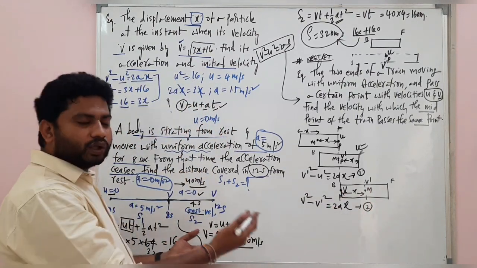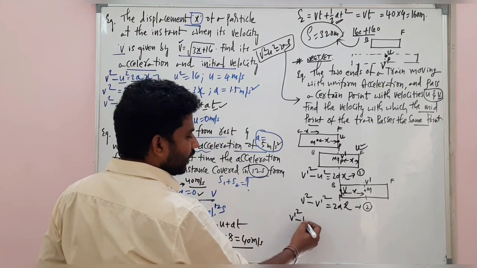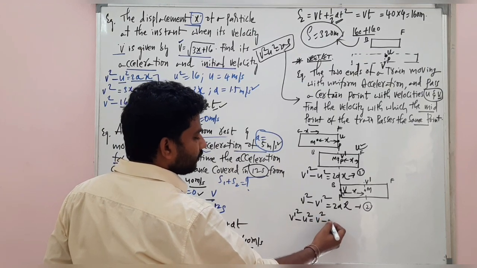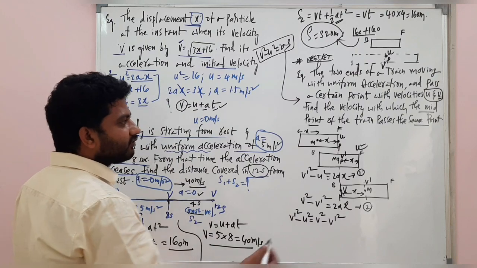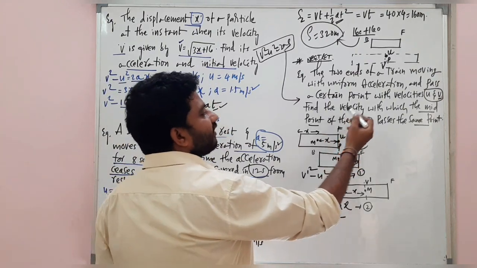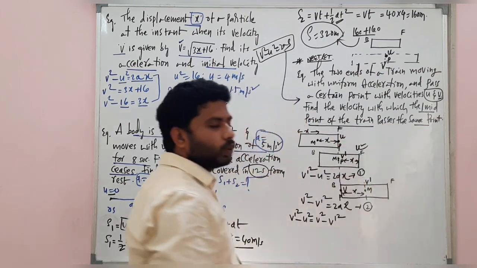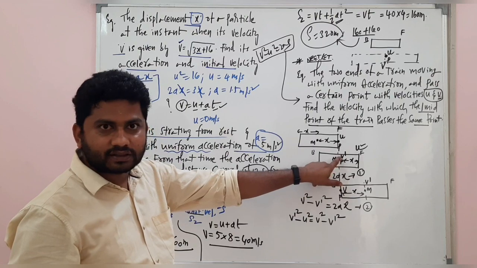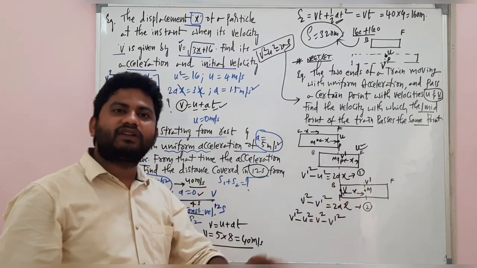Let us equate both left hand sides. Left hand side, v dash square minus u square is equal to v square minus v dash square. So our aim is to find v dash, the velocity with which the midpoint of the train passes through. The midpoint of the train passes through the point P with the speed v dash.